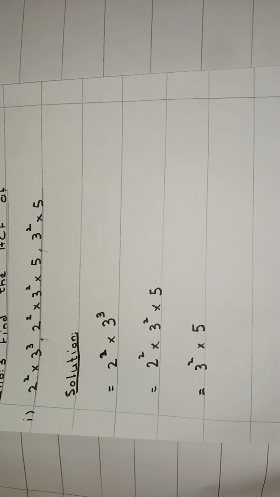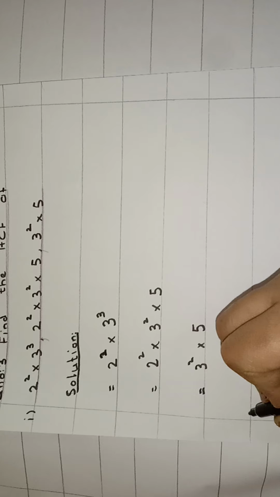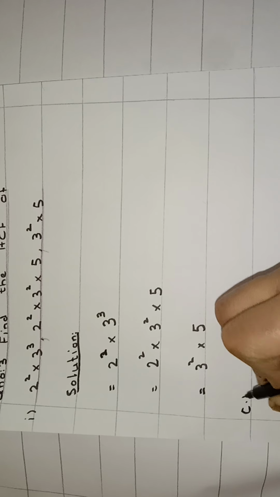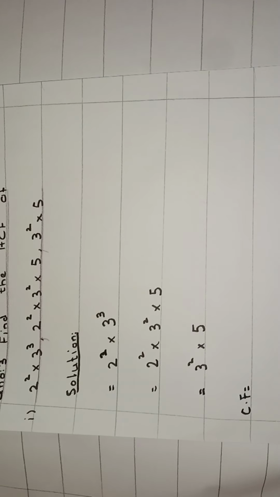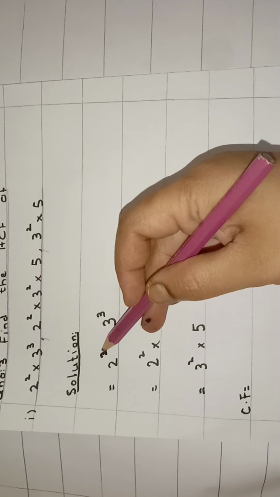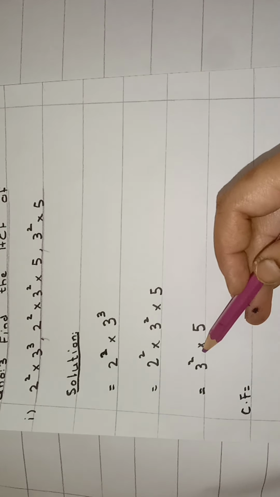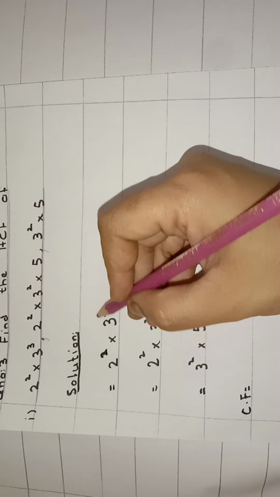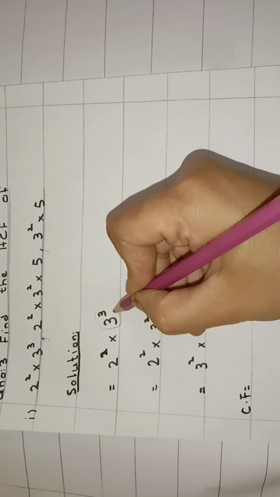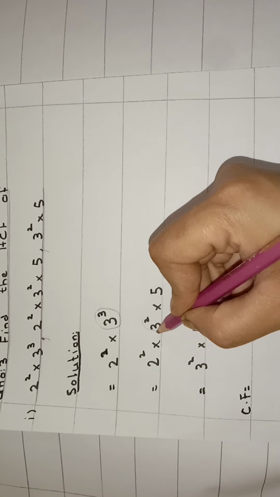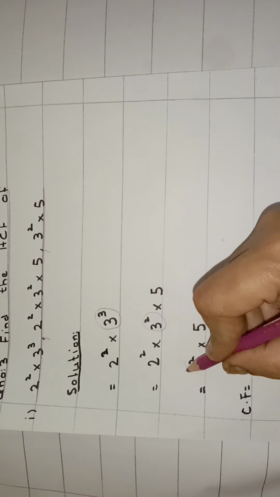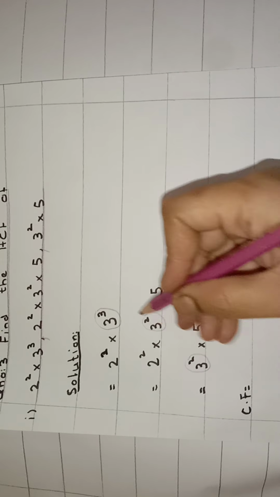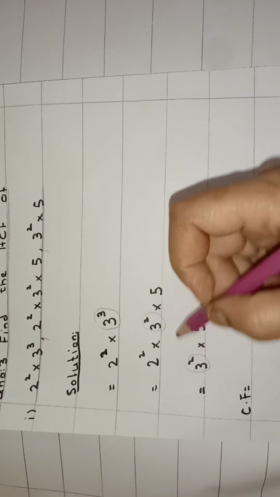You know that to find HCF, highest common factor, first of all we have to identify the common factor. So the common factor in all these three terms is 3. Whether it is 3 power 2 or 3 power 3, 3 is present in all three terms.